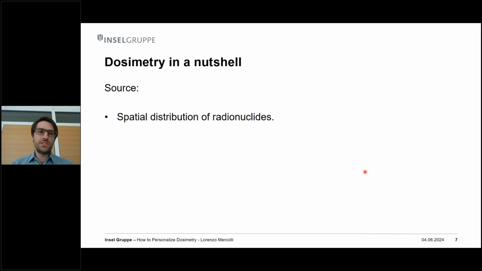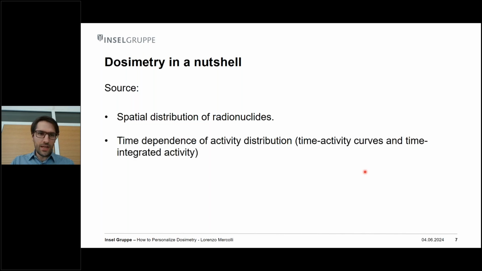The source is nothing but the spatial distribution of the radionuclide in a patient's body. And of course, we need to know the time dependence of this distribution, and we usually talk about time activity curves. So this is just the time dependence of the activity distribution. And once we do the integral over time, we talk about time integrated activity.